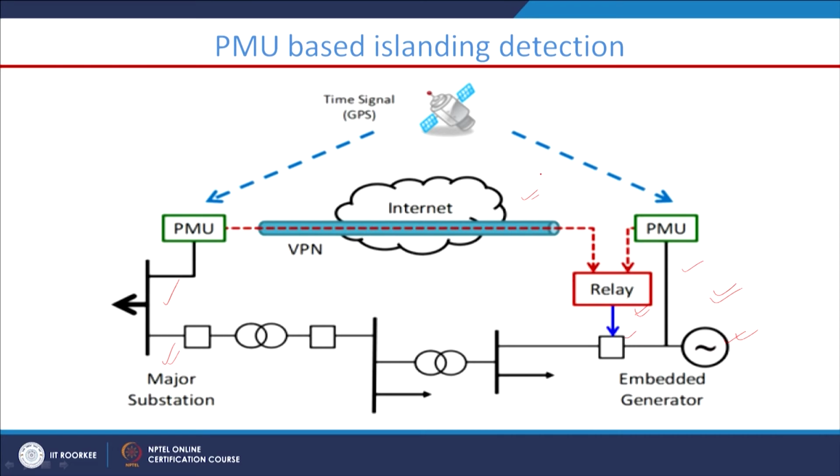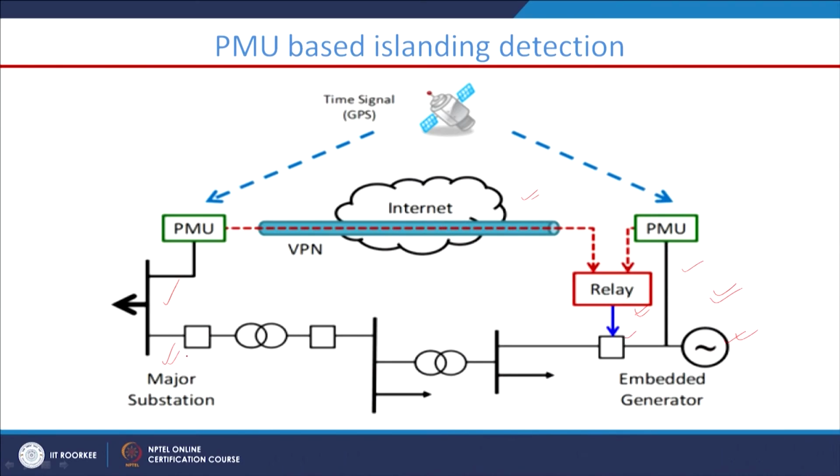That communication infrastructure is very essential as far as the PMU scheme is concerned, where the two PMUs send the data to this relay through the communication platform, and then this relay will take the decision. Let us say, for example, this major substation is disconnected and this breaker is open.